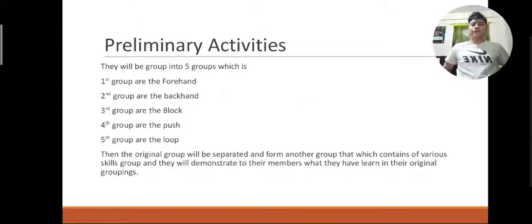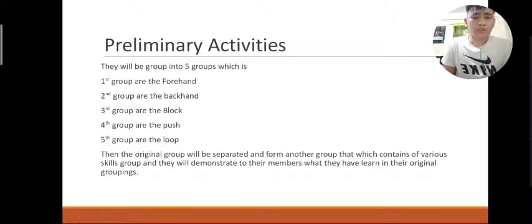So now, let's head on to the preliminary activities, where students will be divided into 5 groups. The first group is forehand, the second group is backhand, the third group is block, the fourth group is push, and the fifth group is loop.